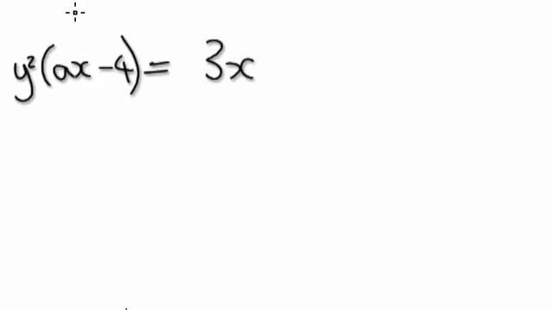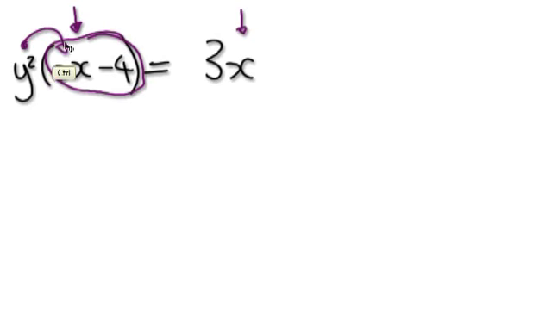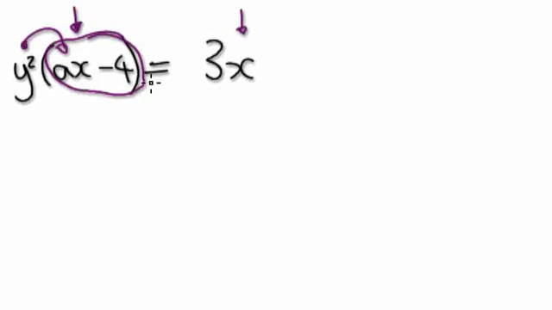Okay, so now keep an eye on x, because that's what you're trying to make the subject. So now x is stuck in this bubble here, so you've got to multiply it out. Get this and multiply it with this.